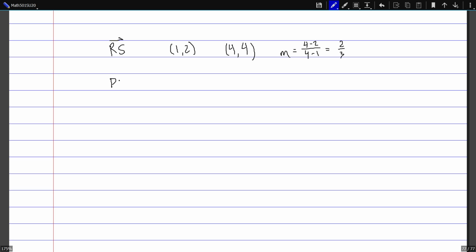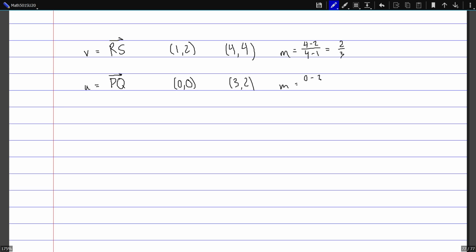Now we'll look at the vector PQ. I guess it's more accurate to call them vector U and vector V because they're directed line segments, RS and PQ. But either way, these ones had 0, 0 and 3, 2 as their points. Again, we're going to find slope as a difference in y's over a difference in x's.